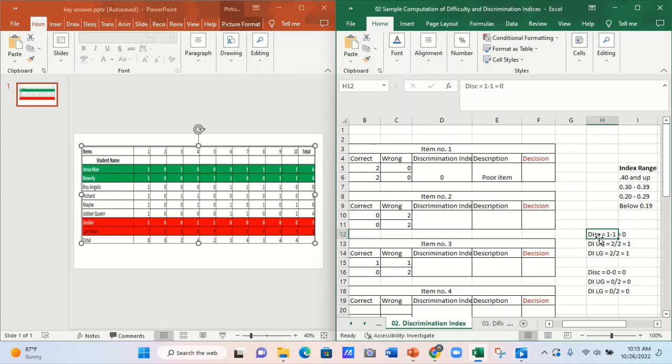So it is safe to assume that all members of the upper group and the lower group answered the exam well. Even the weakest in the lower group could get the item correct. Now for the second item, for all of them, the upper group and lower group, the difficulty index is both 0. If it is 0 for the whole class, it means the item is so difficult that even the brightest members of the upper group got that same item wrong. So we really need to understand our solution.